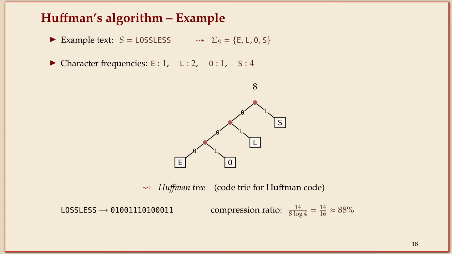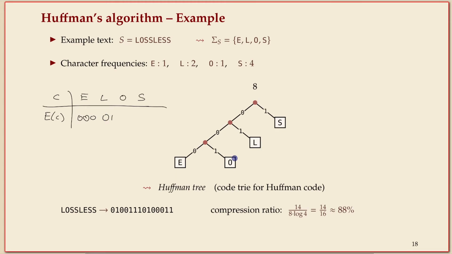And if you want, you could write down the table that we've had before. Remember, for encoding, it's more convenient to use this table. So E has 0, 0, 0 as a code word. L has 0, 1.